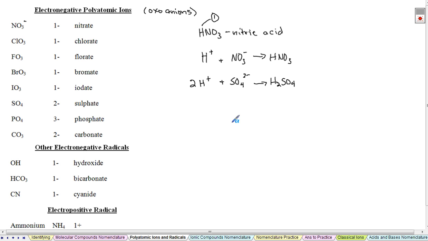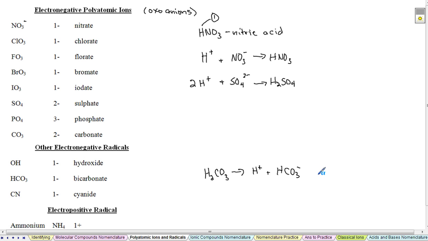We have some other electronegative radicals. We have hydroxide, very important, and bicarbonate, which you could think of as carbonic acid, H2CO3, only losing 1 proton. And if that happens, a proton is an H+ ion, you get a bicarbonate ion.